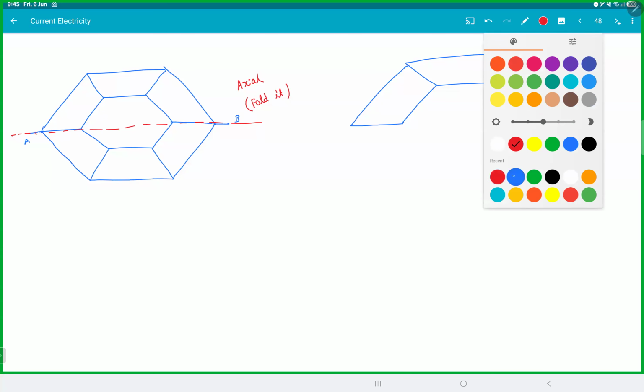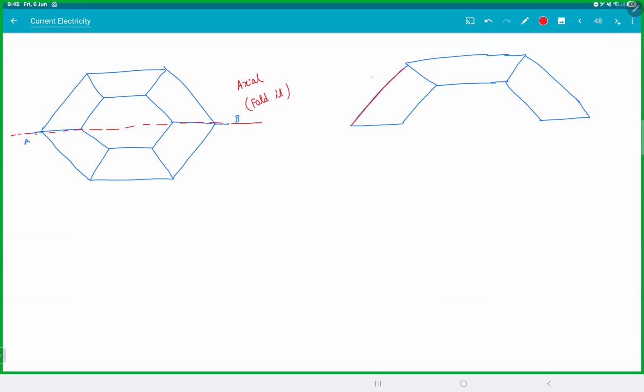Now, remember this guy will become R by 2. What we do exactly here, I did this thing. I called this point C. This is also C. If this is D, this is D. If this is E, this is E. And if this is F, and this is F, isn't it?